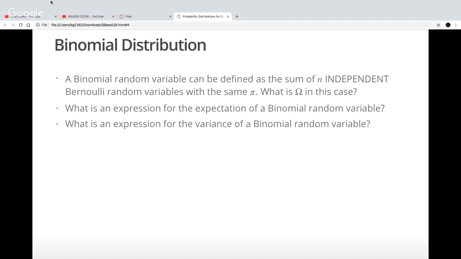Plus twice the covariance. So we know the variance of a Bernoulli random variable, which we're going to be adding up n of them as opposed to just 2. But so what do we do with the twice the covariance piece? They're independent, so it is 0. Right? Covariance is a measure of linear dependence.